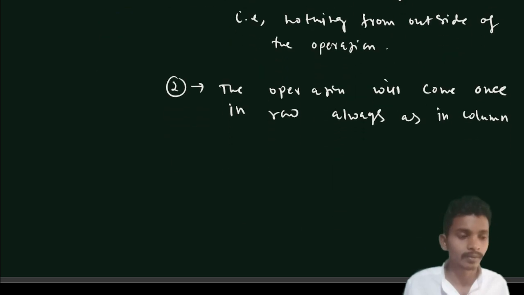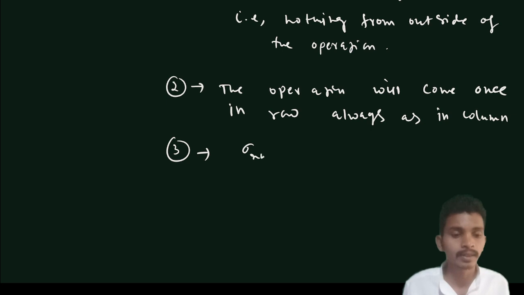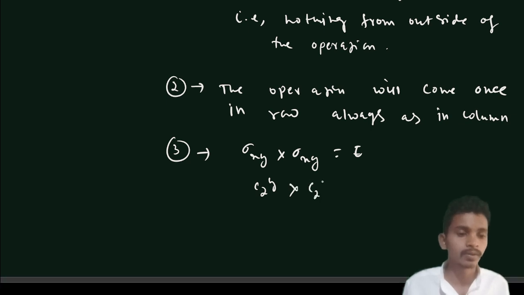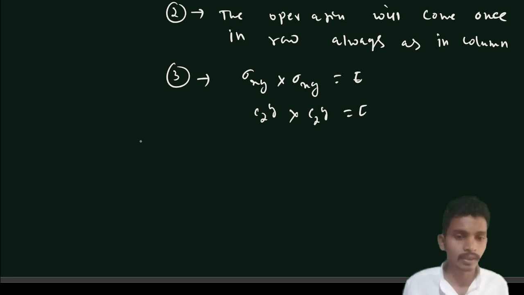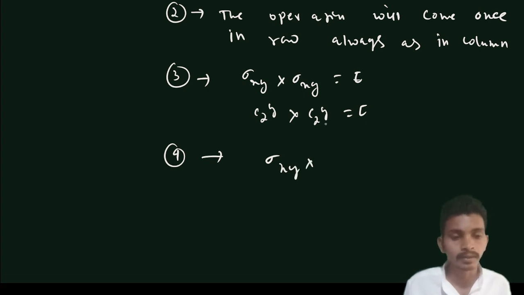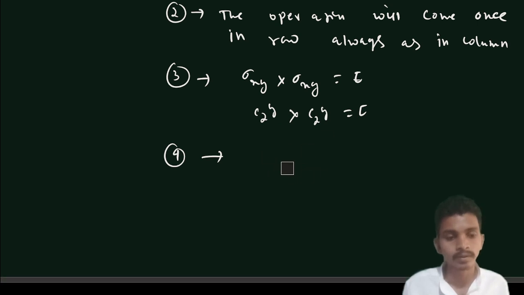Okay, and the third thing we have to remember is that if we multiply the same operation, like sigma xy into sigma xy, then we always get e, like c2y into c2y, we will get e. If the same is multiplied, we get e. And if we multiply sigma into sigma, then we will get the axis.